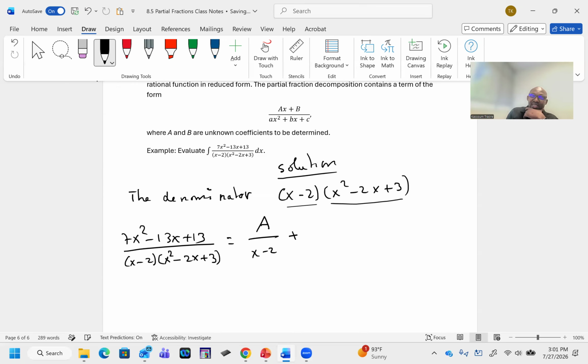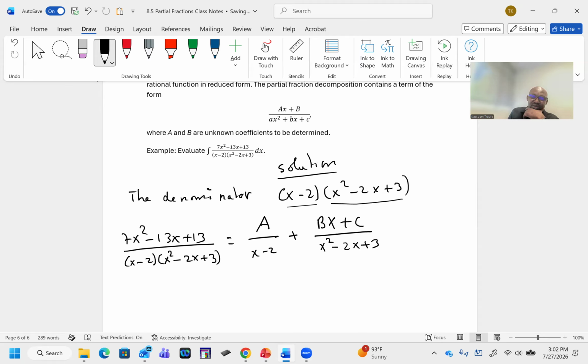Now plus, this is quadratic, so we will have bx plus c divided by x squared minus 2x plus 3.